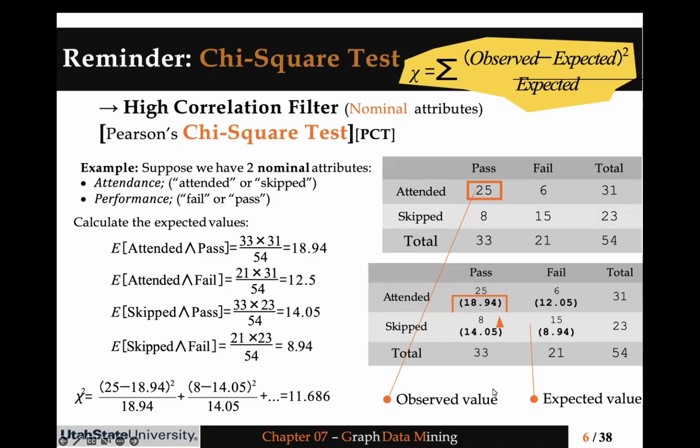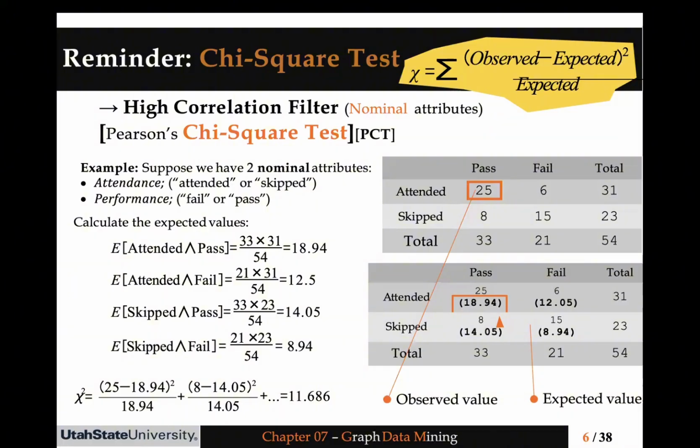And the chi-square test statistic then measures how large the difference is between the actual, which is the table that we have here, minus the expected that we have in the second table.